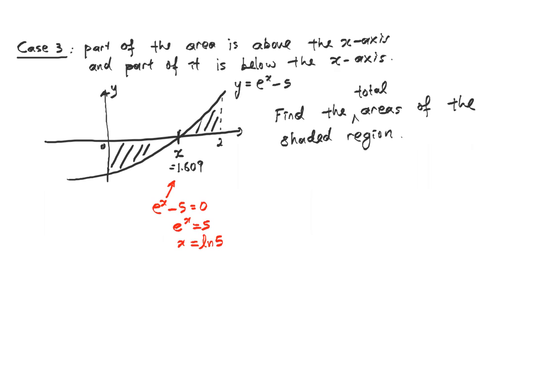So now, when I want to find the total area, I will say here, area of the shaded region. I cannot do a definite integral straight away. So what I need to do is separate them into two parts. So how to find area A and area B?